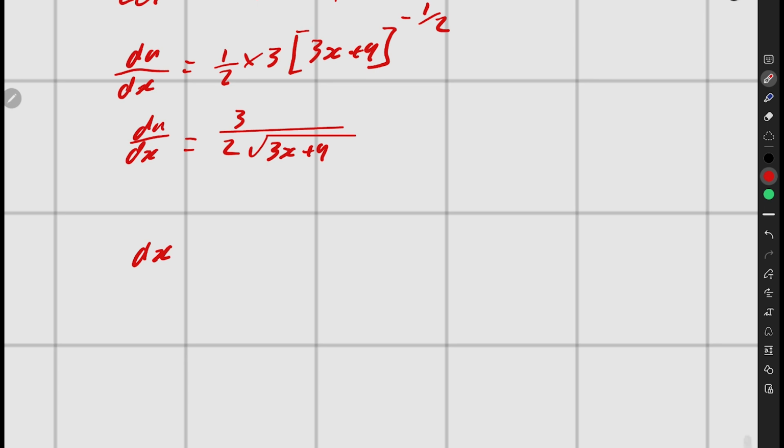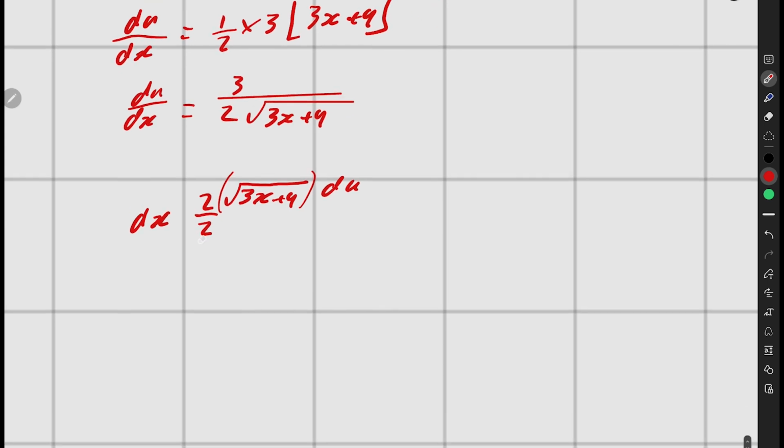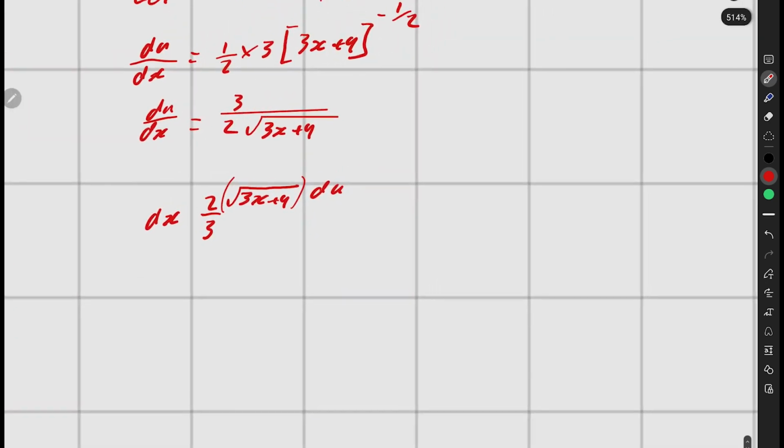We solve for dx by dividing by du. I'm going to have 2 root 3x plus 9 du, multiplied by 2 divided by 3. And that is our dx value.